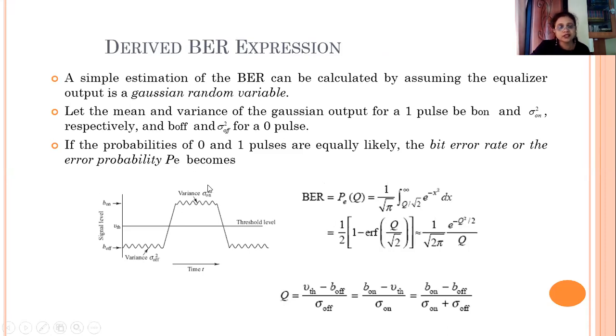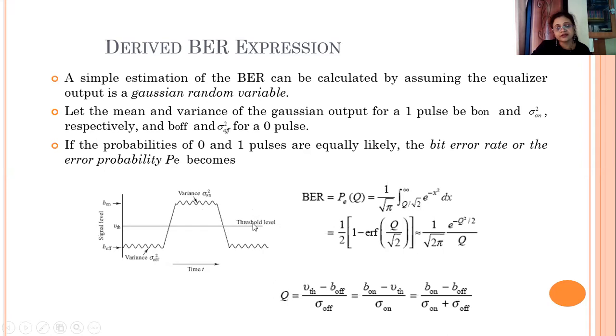Here it is explained, the variance and the values of the mean value for bit 1 and bit 0 and the threshold level. So you can see if I shift the threshold level up or down, obviously this is going to affect the decision, and chances are that the decision circuit may end up with more errors.